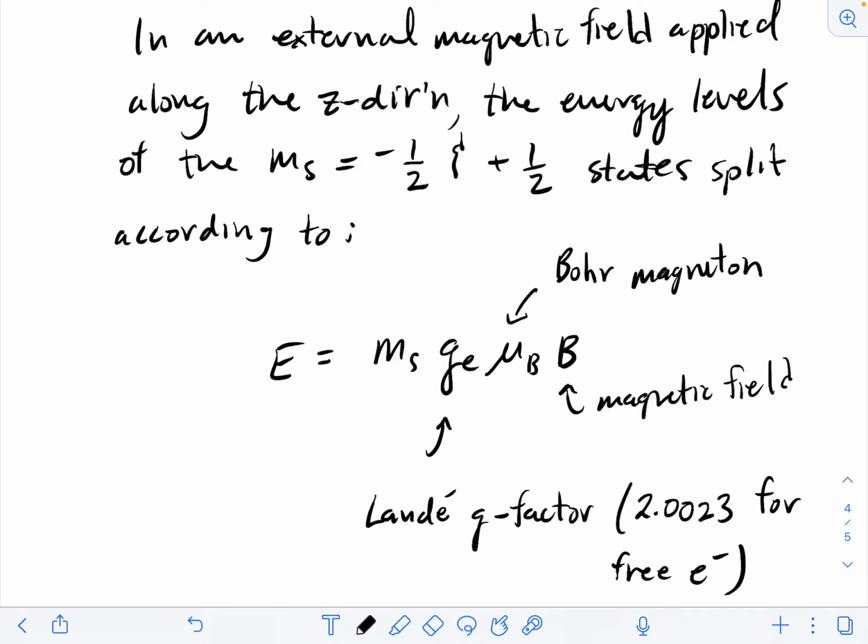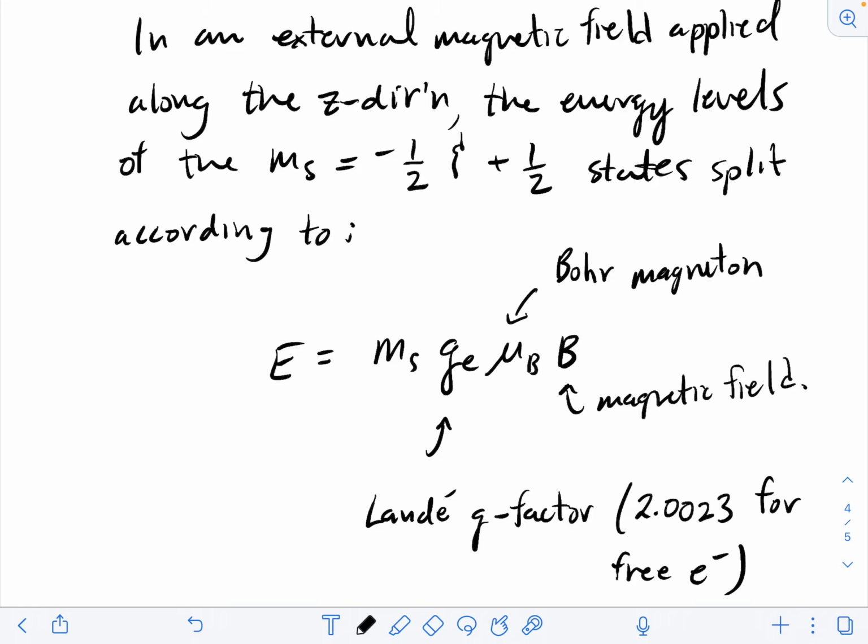So the idea of an ESR experiment is to get one of these samples that has unpaired electrons, put it in a magnetic field to split the energy levels of the two spin states, and then irradiate the sample with photons. And if you match the photon energy to the splitting of the two states, then the sample will absorb some of the incident energy.